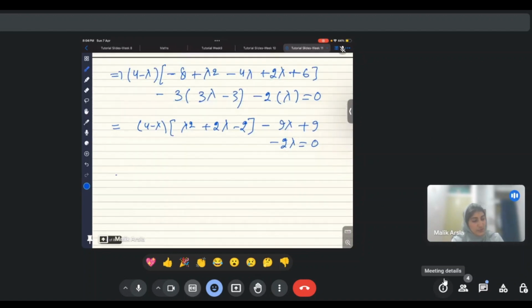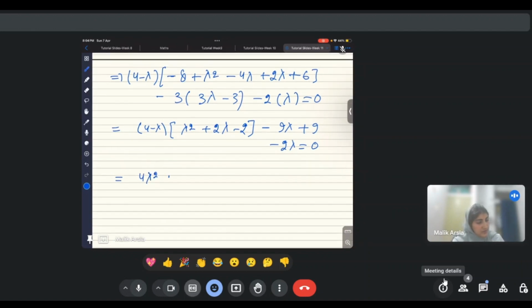plus 9 minus 2 lambda is equal to 0. So what is the cubic equation you are getting? 4 lambda square plus 4 2s are 8 lambda minus 8. Then minus lambda cube minus 2 lambda square plus 2 lambda minus 9 lambda plus 9 minus 2 lambda is equal to 0.